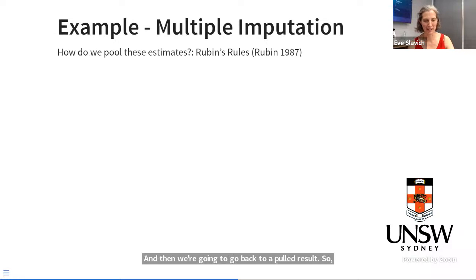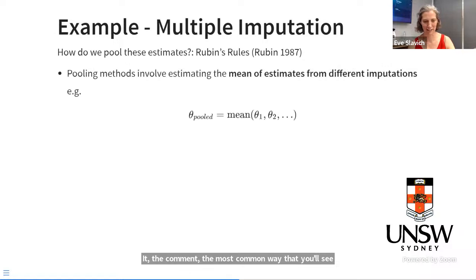The most common way that you'll see done is with Rubin's rules from Rubin 1987, which there was a link to earlier in the paper. But basically you can take the average of your different estimates, and that's how you can get a pooled estimate of your treatment effect.